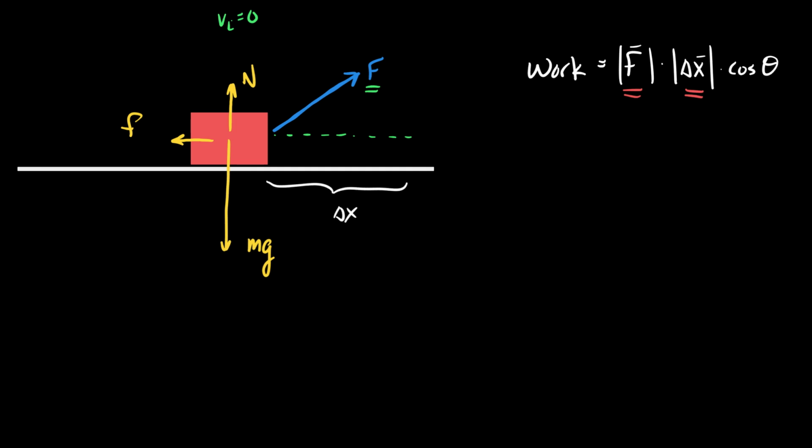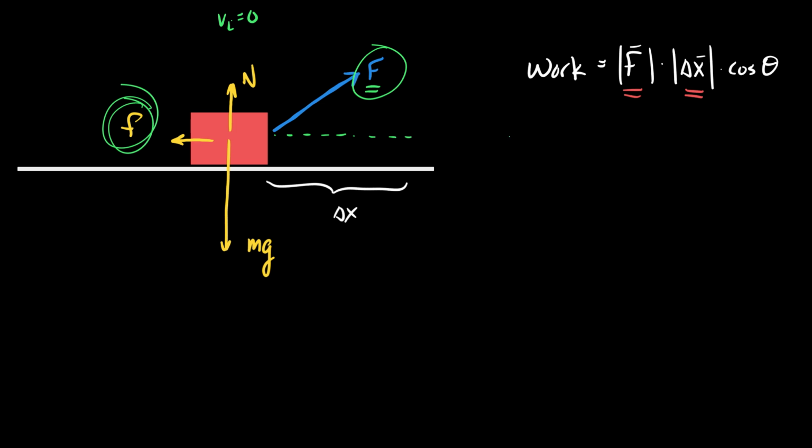It's trying to change the kinetic energy of the box. Trying to make it go faster, I would assume. This force, is it trying to help the box go forward? No, but that doesn't mean it's not doing something to the box. If this force is trying to make the box go forward, this force is trying to prevent that from happening.